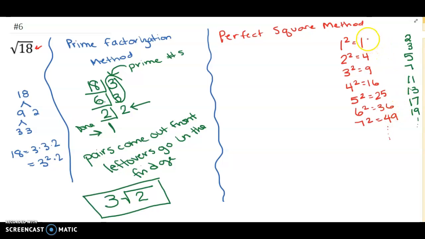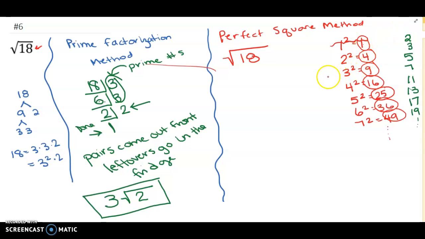Okay, so perfect squares would be your 1, and your 4, and your 9, and your 16, 25, 36, 49. Okay, and so on and so forth. There's several more. So with this method, we're going to take the square root of 18 and we want to say which one of these numbers is a factor of 18. We don't want to worry about 1 squared is 1 because that's a factor of everything.